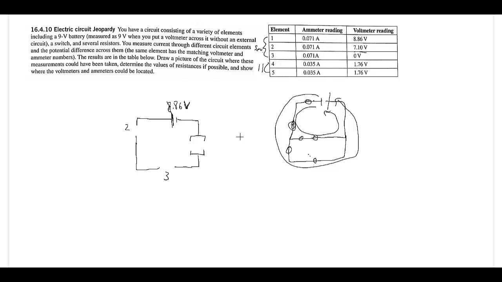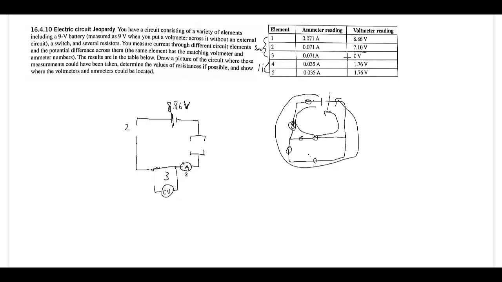Really, all that means is that there's actually no element here, and it's just a wire. So we can have an ammeter somewhere in there for ammeter 3, and then the potential difference here is just going to be 0 volts.